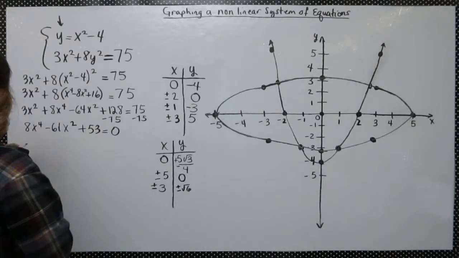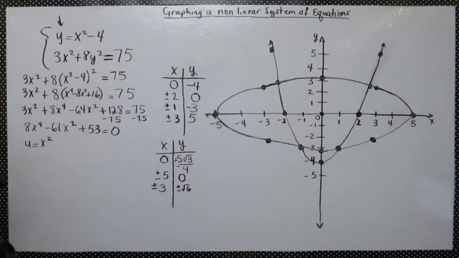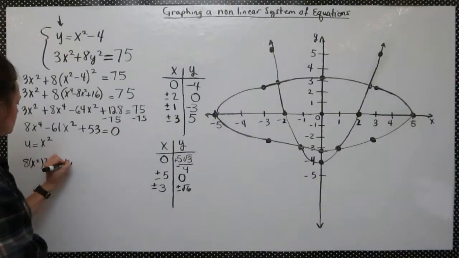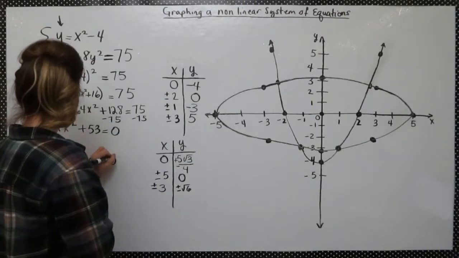All right, so we're going to go ahead and set u equal to x squared here. And then you can rewrite this term. This is 8x squared minus 61x squared plus 53 equals 0.